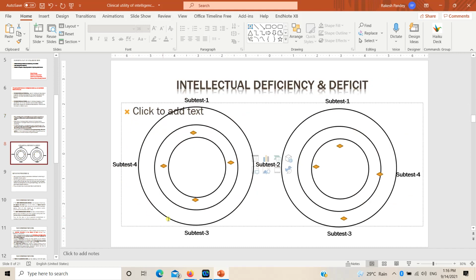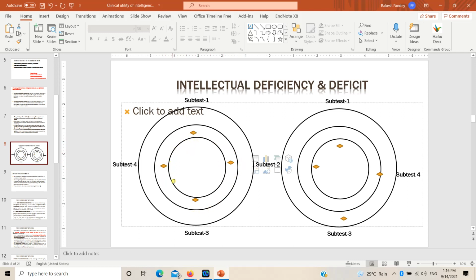The left one and the right one, if you average them, have almost comparable IQ. But the profile of the left side individual is that he has almost comparable scores across all the subtests, though lowered.